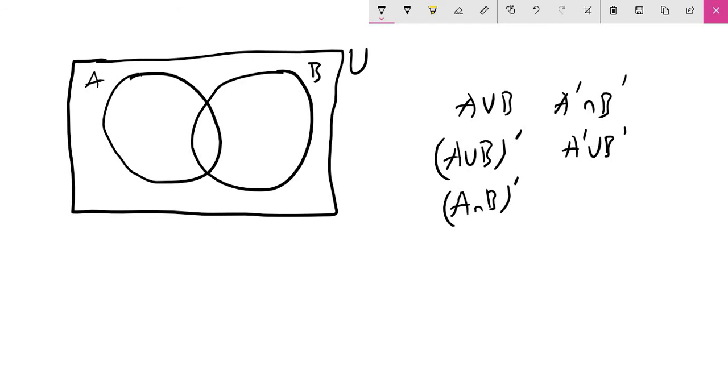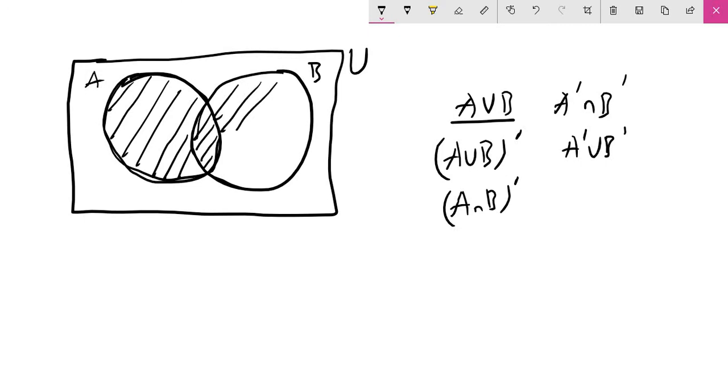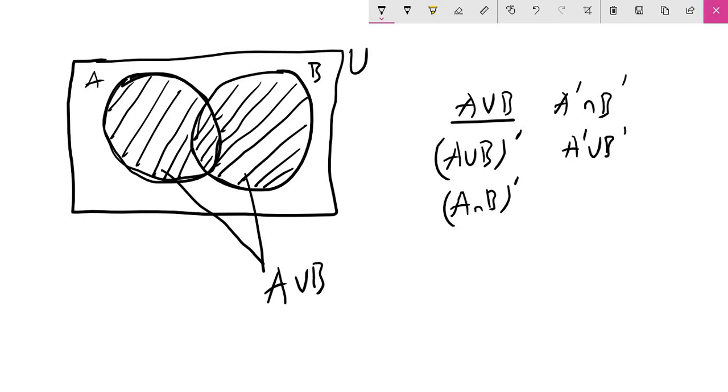We are to shade the region A union B. That means we are combining all of set A with set B. So the whole of this area, together with the overlapping area and the whole of set B, are elements within A union B. So this gives A union B.